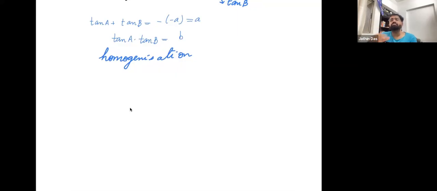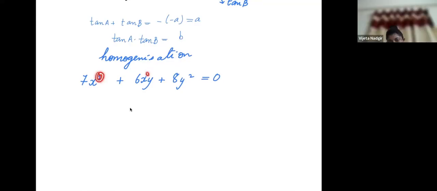But for JEE, maximum two variables are seen. Suppose I have an equation like this: 7x square plus 6xy plus 8y square is equal to 0. Now, this is a homogeneous equation. Why? Because the degree of every term is the same. Here degree 2, here degree 1 plus 1 is 2, here 2.